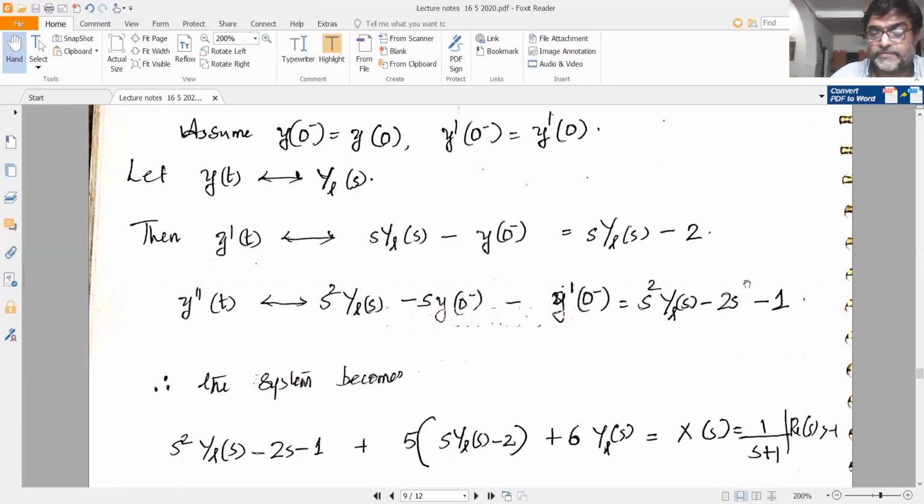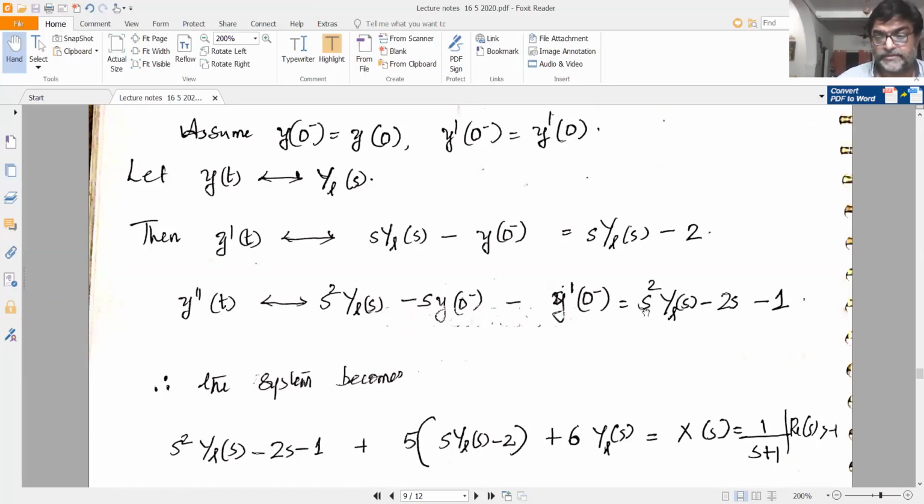You have y dash of 0 minus equal to 1 here, and y of 0 minus equal to 2, as per our assumption. So y double dash of t is equal to s squared yl of s minus 2s minus 1.